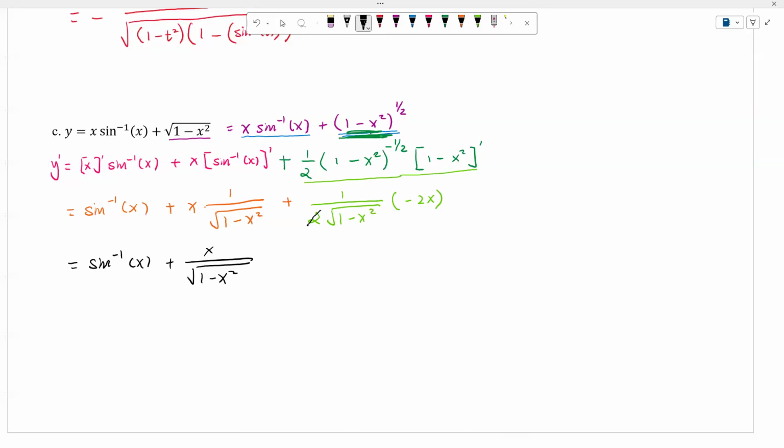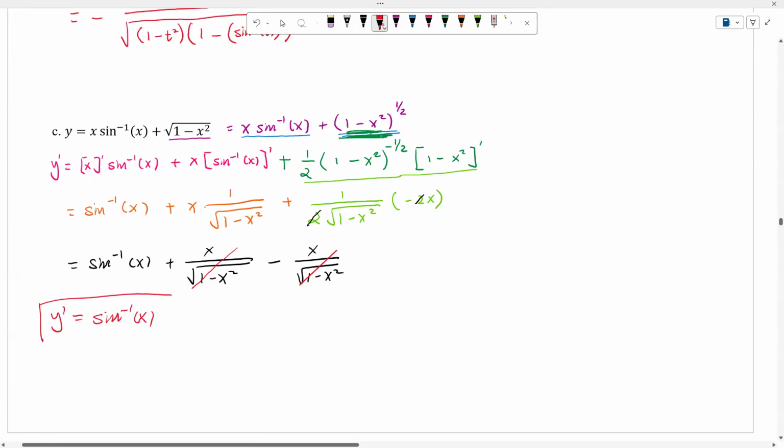The 2 and 2 cancel. Minus x over square root of 1 minus x squared. And this one and this one cancel. I will have sine inverse of x. So this is my y prime.